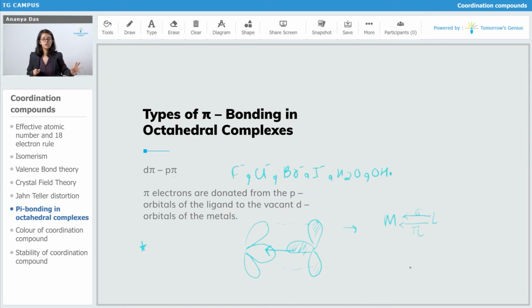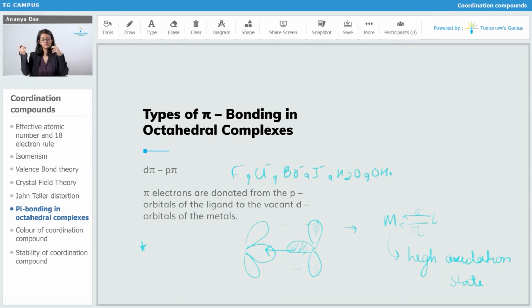In this case, the only thing that should be present is that the metal should be in a high oxidation state. High oxidation state means that the metal should have fewer electrons. If the metal has few or no electrons, only then can the ligand put electrons into the metal's empty orbitals.